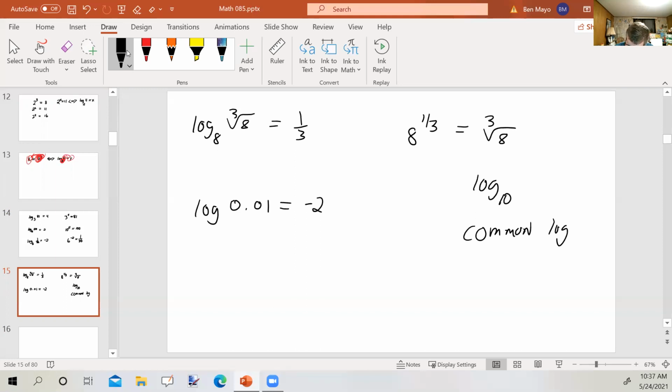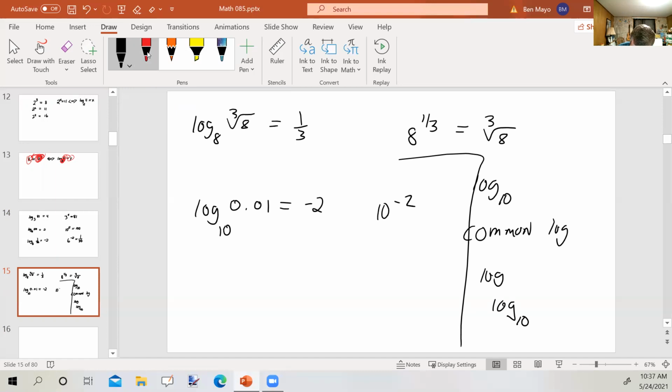If it just says log, we are to understand that means log base 10. So log of 0.01 equals -2 becomes 10 to the -2 power equals 0.01. Remember, log is equal to log base 10 in terms of notation.